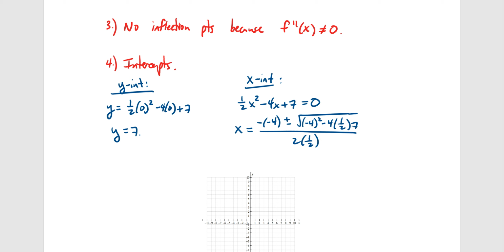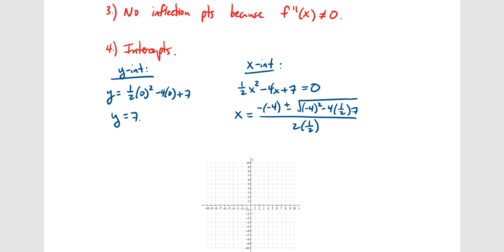So pretty messy. And I'll leave that for you guys to practice, but we should end up getting 4 plus or minus radical 2 for that. And for that, you're going to have to plug this in your calculator to actually get a good value so you can graph it correctly. So, but those are the x-intercepts. We have 2 x-intercepts, 4 minus radical 2 and 4 plus radical 2.